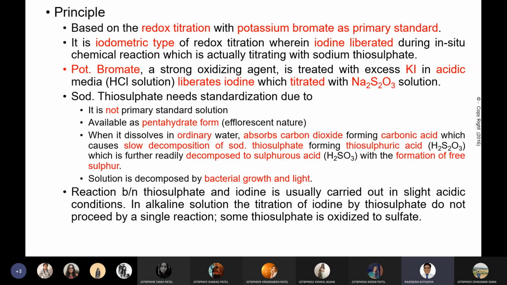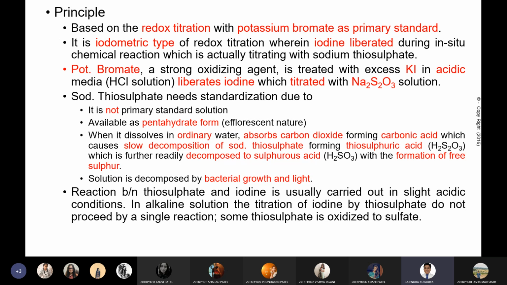If we look at the types of redox titration, એમાં એક iodometric titration હોય છે, where iodine gets liberated during chemical reaction. So આ જે particular reaction થઈ રહ્યું છે in this case, it is nothing but an iodometric type of redox titration, where iodine is liberated during in situ chemical reaction.